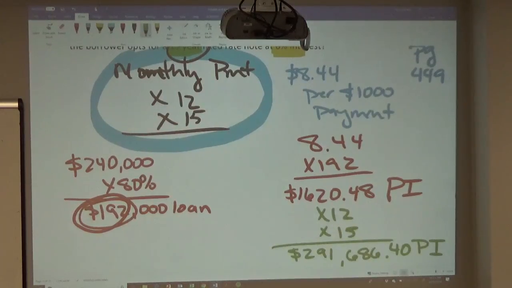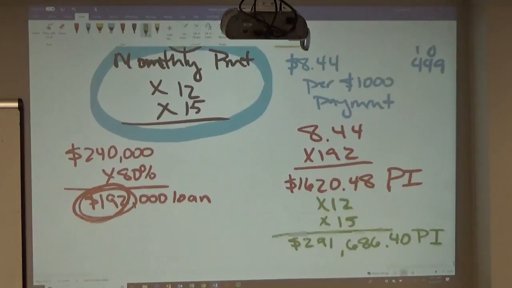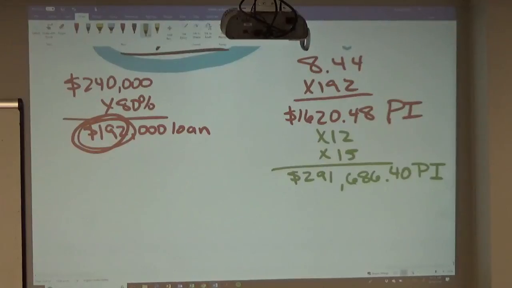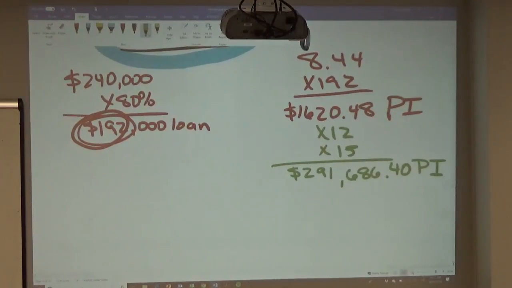Total amount is $291,686.40. Here's what we know about that though. Not all of it was interest. This much over here, that $192,000, was actual principal, was borrowed money.